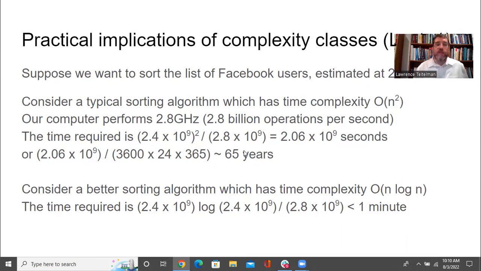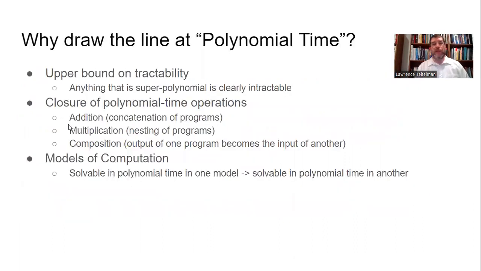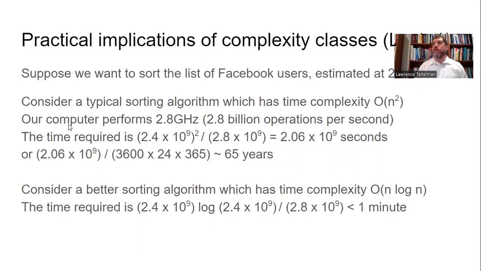So even though I just finished telling you that we draw the line between polynomial and non-polynomial, in reality even an n squared algorithm, which sounds like a pretty good polynomial, is not so good unless your input is more manageable. As many of you have discovered in this course, when you do n squared algorithms and you make your n big, not crazy big, but even like 10,000 or 100,000, it doesn't finish.